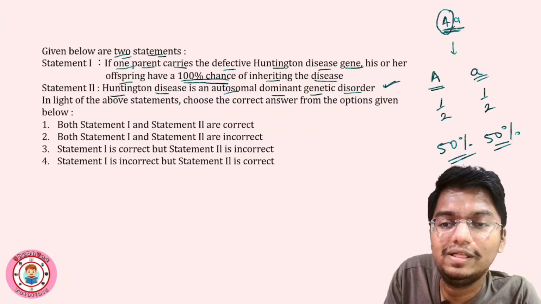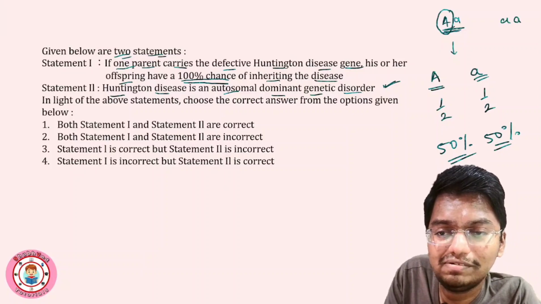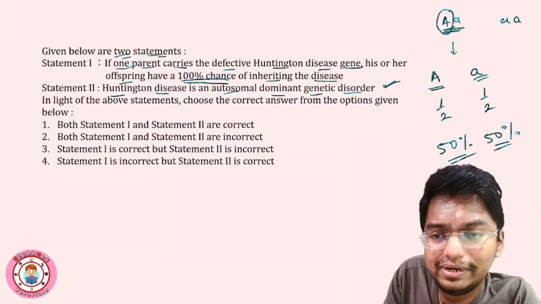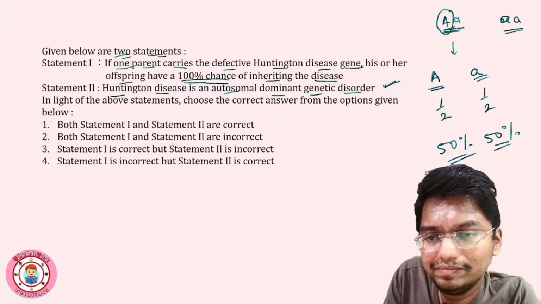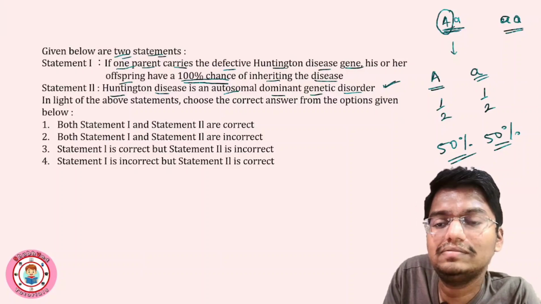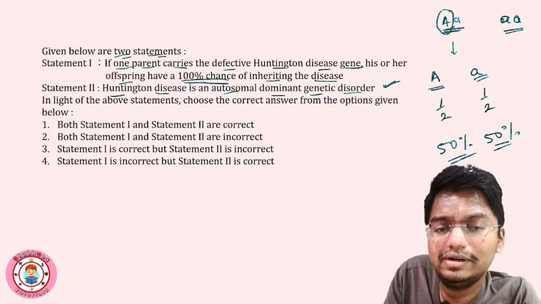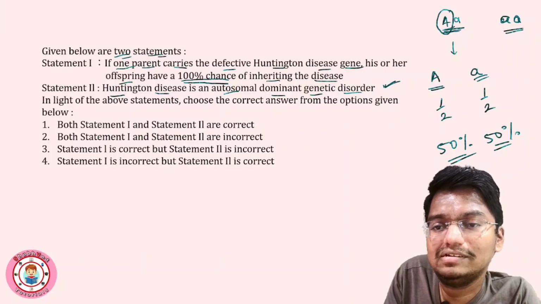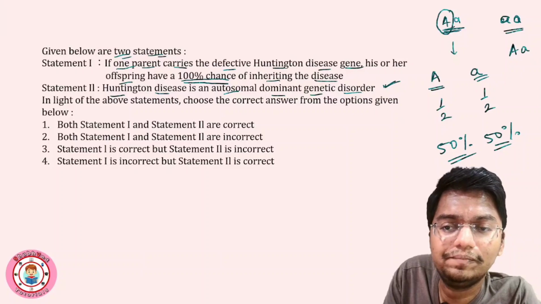Okay, 100% कब होगा? When the disease is autosomal recessive. Okay, autosomal recessive में disease के लिए both the alleles are required for the disease, right, to manifest. Okay, and ये carrier होगा in autosomal recessive, right?